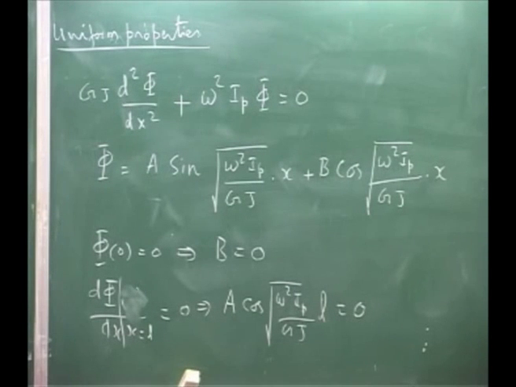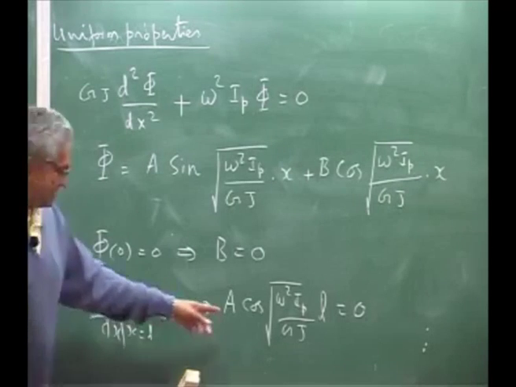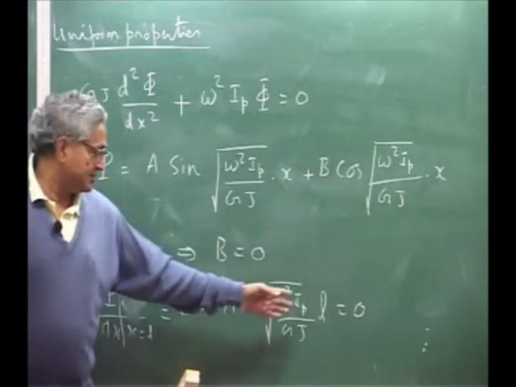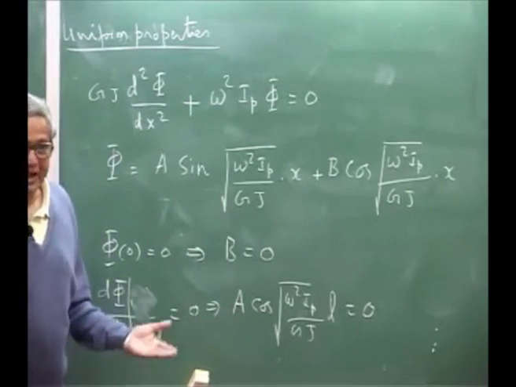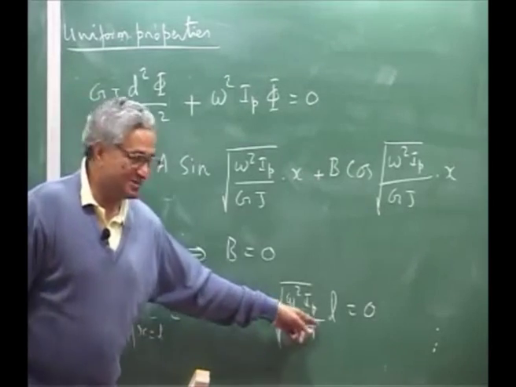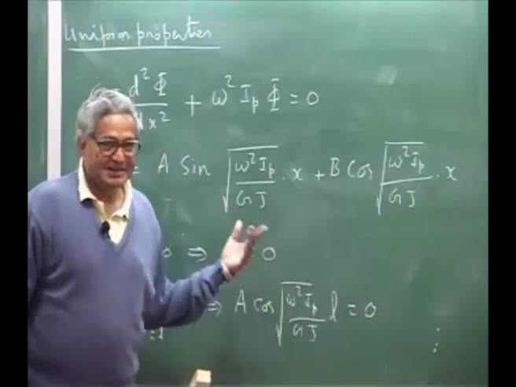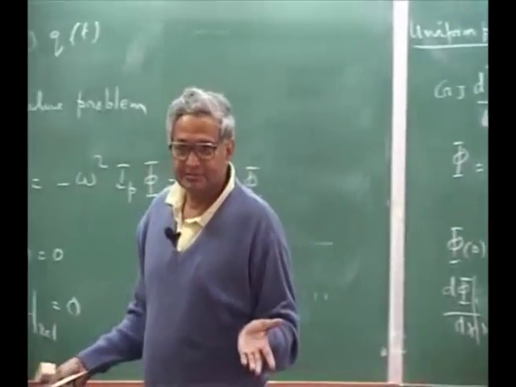Now here again, if a is 0, everything is 0. For a non-trivial solution, you want this to be equal to some odd multiple of pi by 2, that's all.